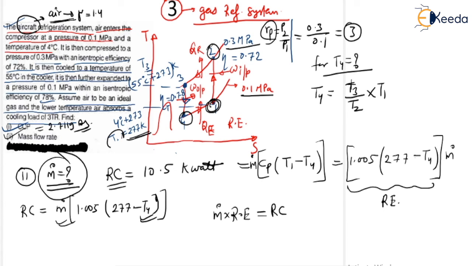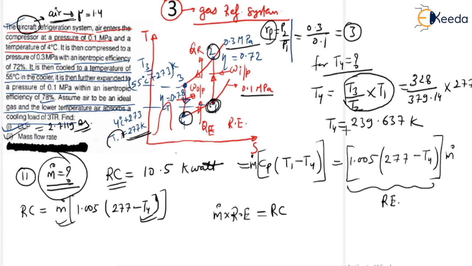Is it right? And these three temperatures are given. That means 328 divided by 379.14 into 277. So the final value of T4 is 239.637 Kelvin. This is your final temperature of T4.